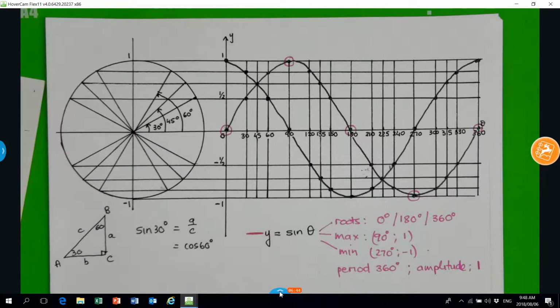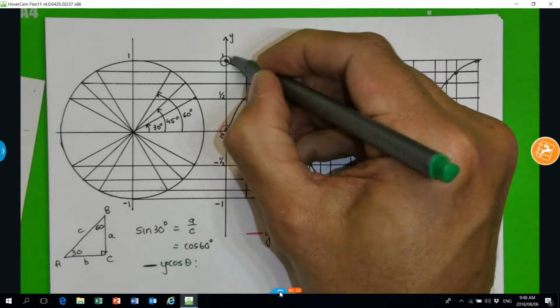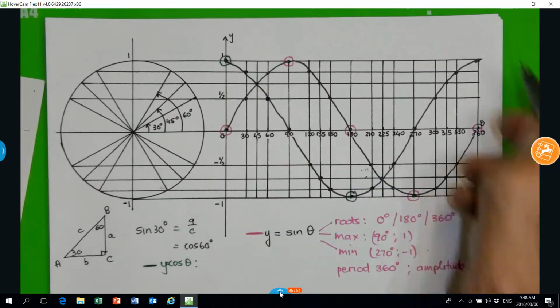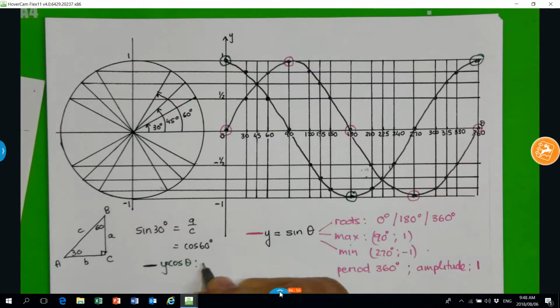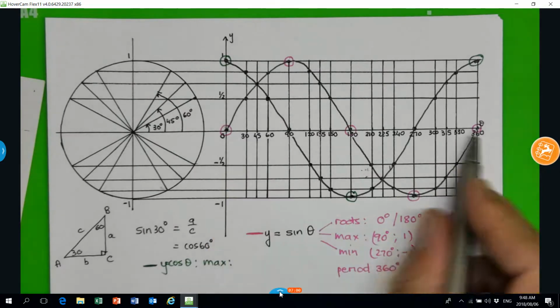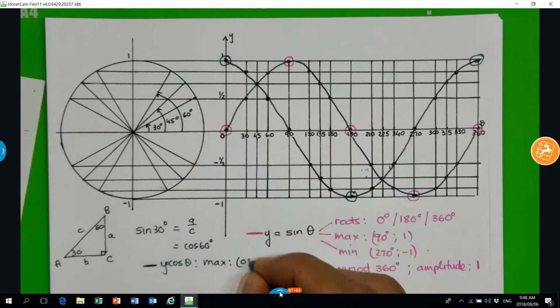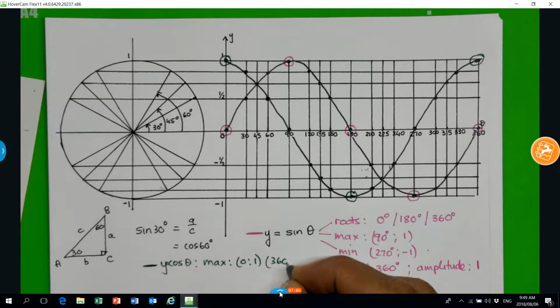Now, to write down what is relevant to the cosine graph, y equals the cos of theta, it optimizes in 3 points. There are 2 maxima over the domain 0 to 360. They lie at 0 and 1, and the next maximum will be at 360 degrees and 1.